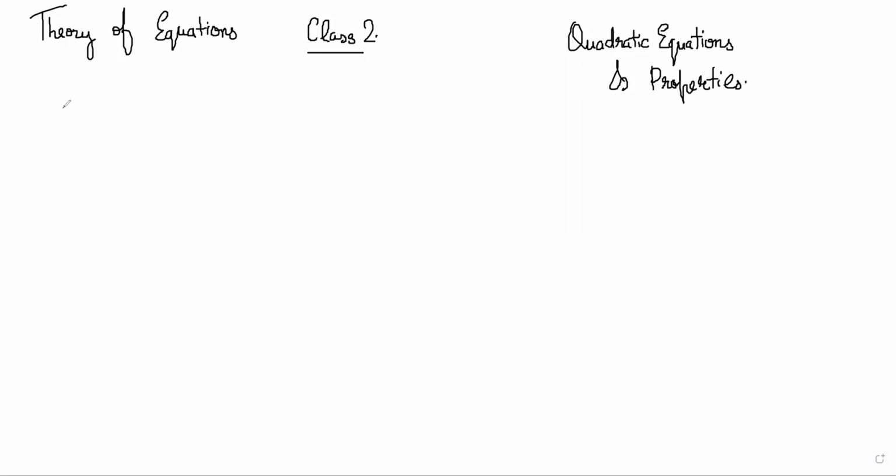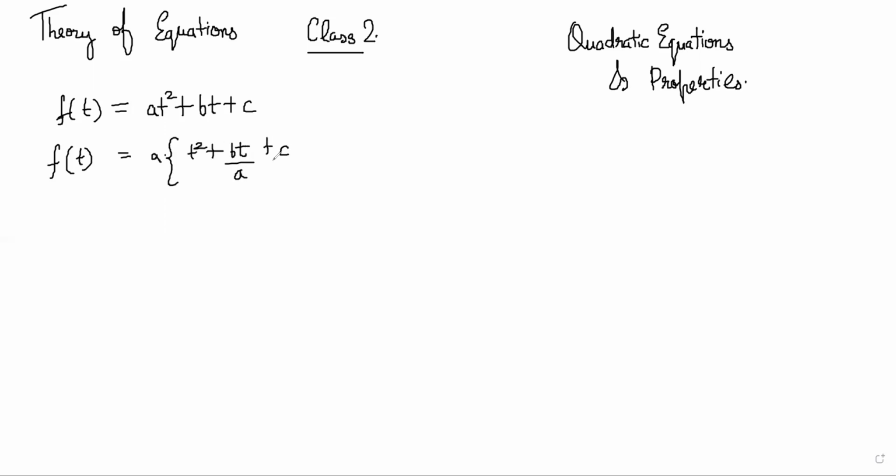So let's look at the quadratic polynomial f(t) = at² + bt + c. What we want to understand is when will this have roots? As you might have learned already, f(t) can be written as a(t² + (b/a)t + c/a), and we will complete the square here.